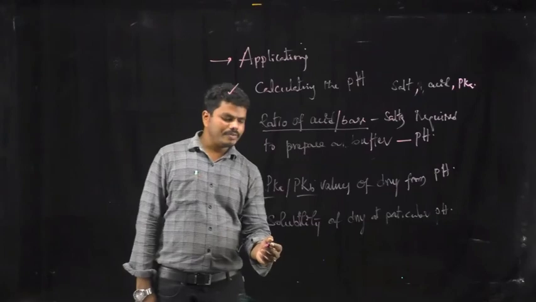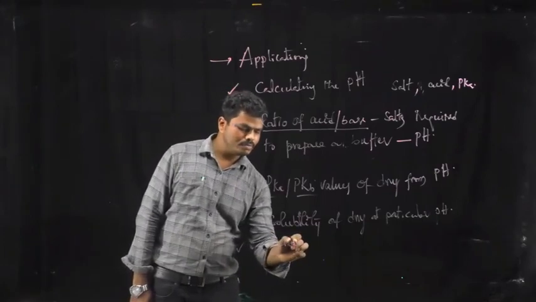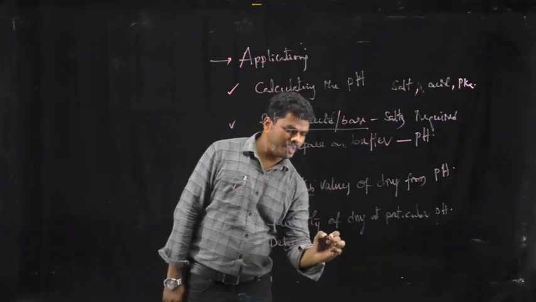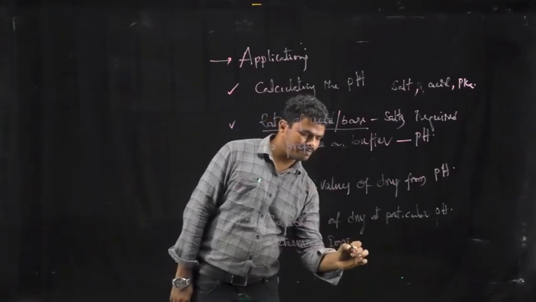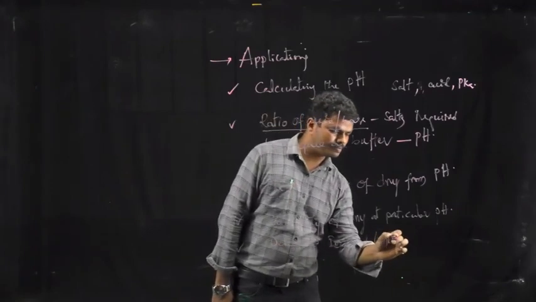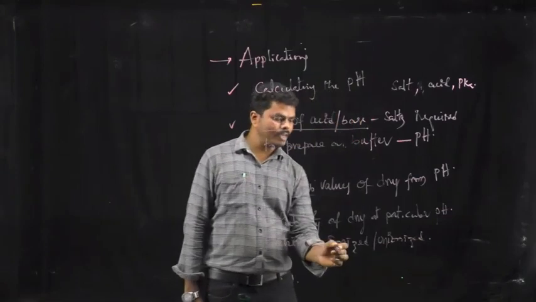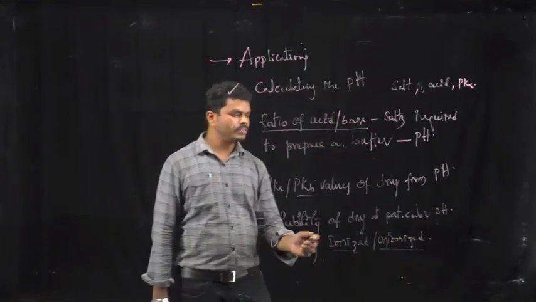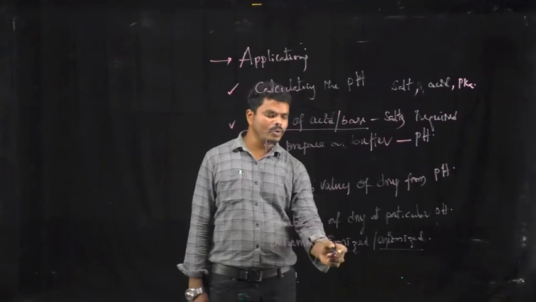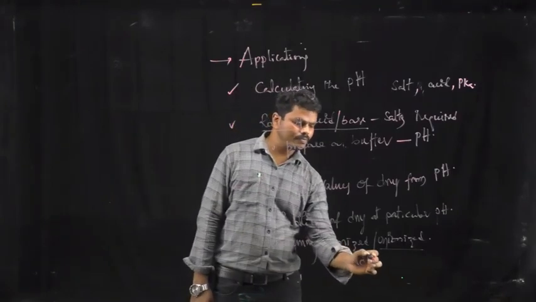And this equation is also useful for determining the ionized and unionized portions of the drugs. When you determine the ionized or unionized portions of the drug, it will be used to understand the absorption profile of these drugs.